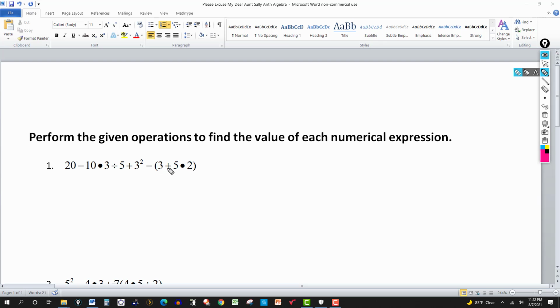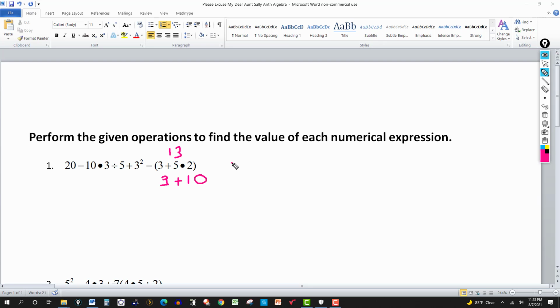Addition doesn't have preference over multiplication, so first you do the multiplication. 5 times 2 is 10, so this becomes 13 here. So what's inside the parentheses now is a 13, and I can leave out the parentheses.